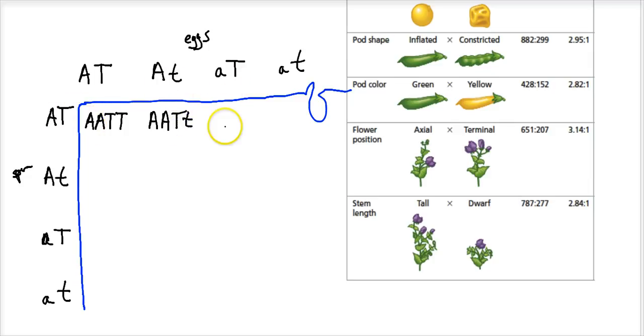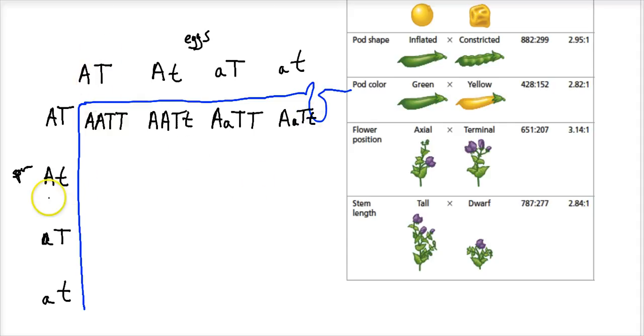Big A, little a. And this becomes almost fun. Big A, little a. Big T, little t. Let me keep going down.